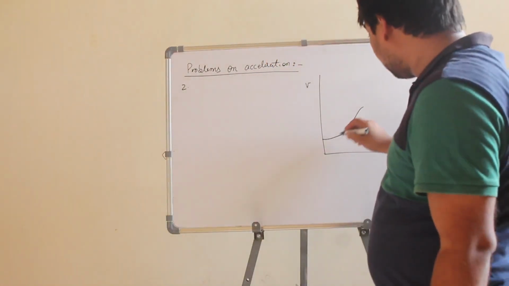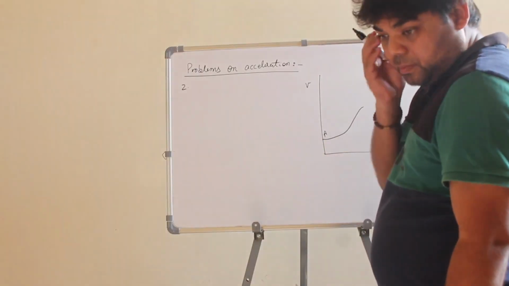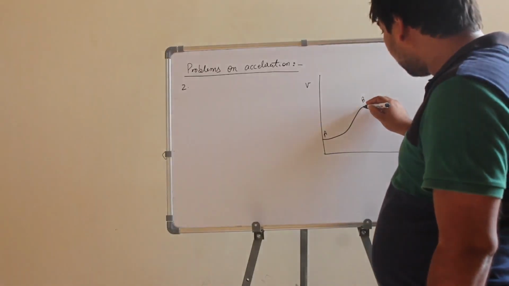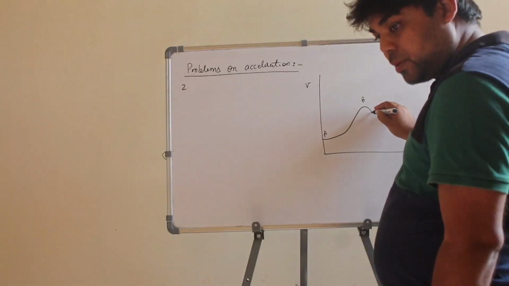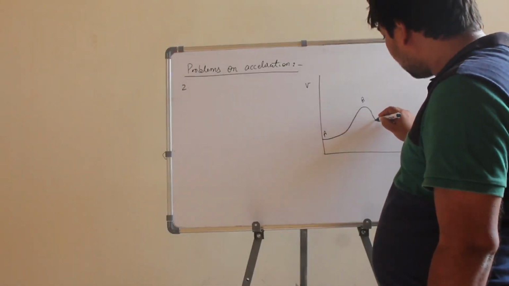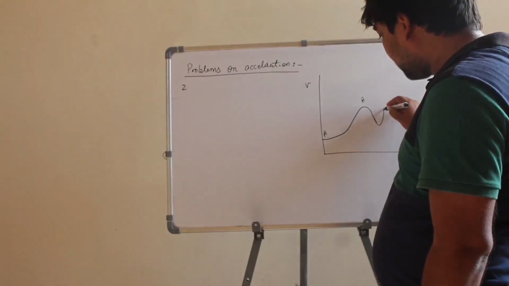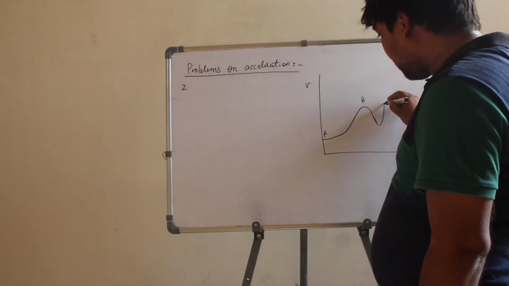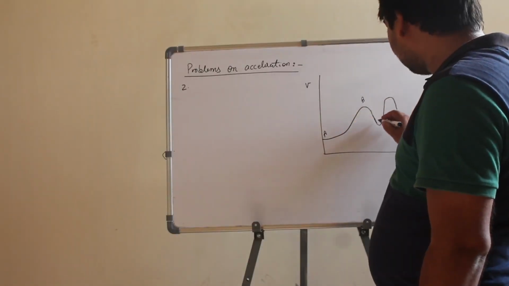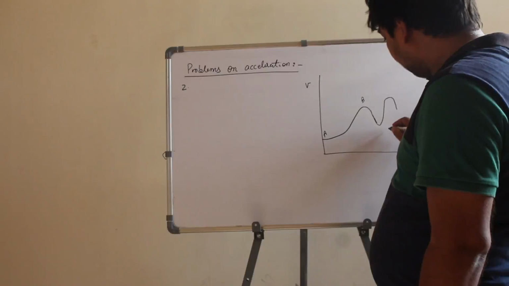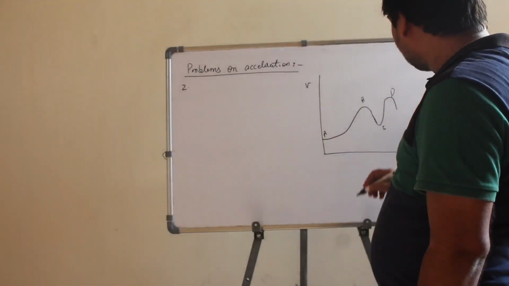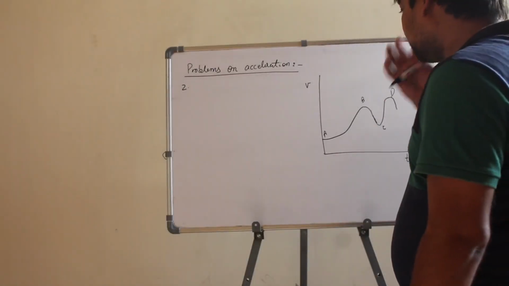A is here, and then we have a smaller peak here with a sharper decay, and then we go to C. C is there, D is there.